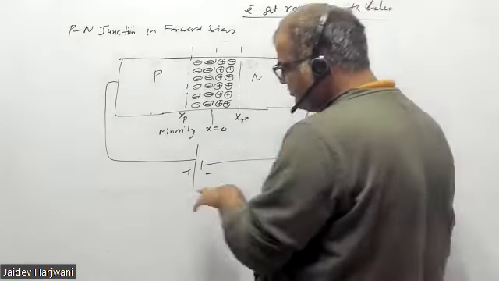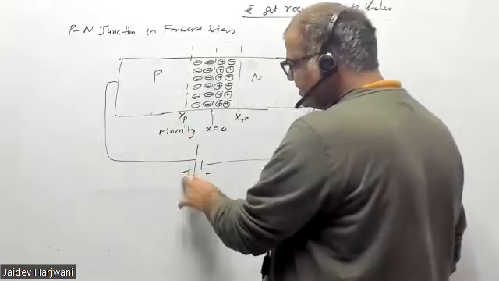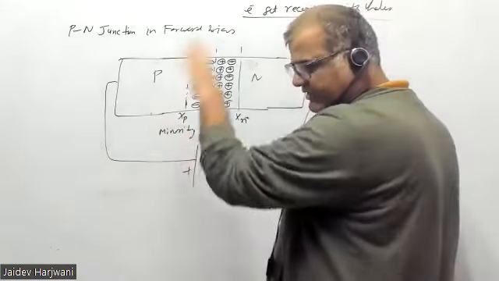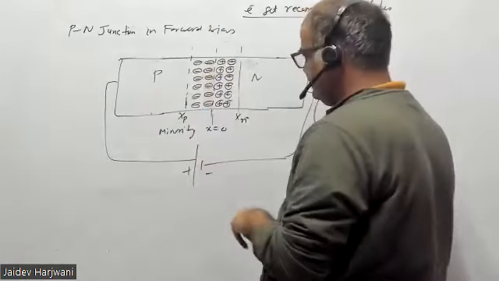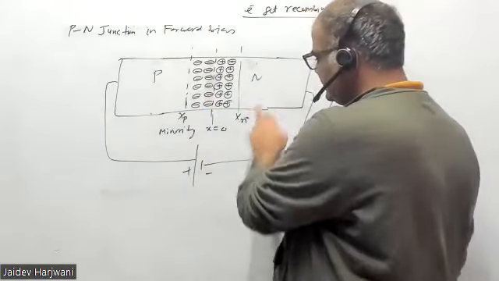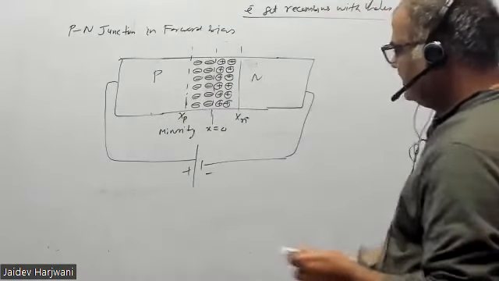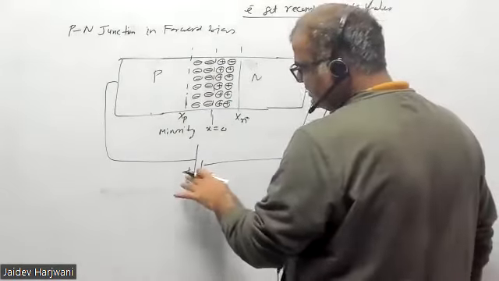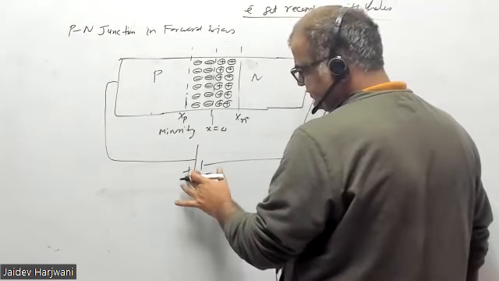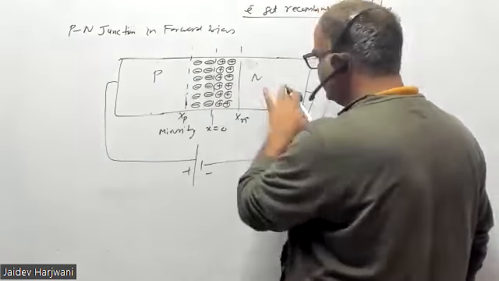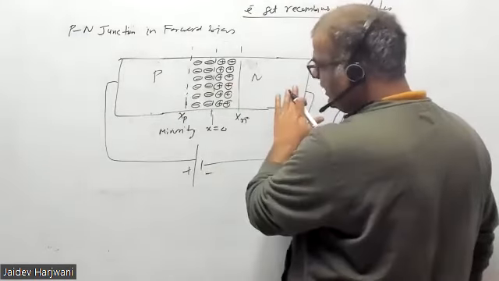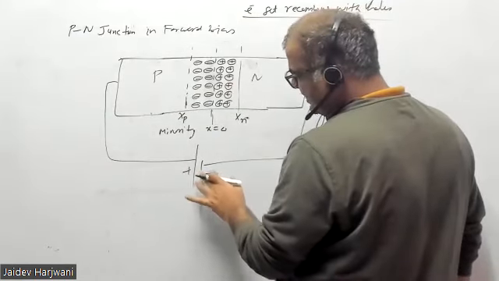Whenever P is connected to plus, the energy level of that side goes up, and the electron energy goes down. So if I'm applying plus here, this goes up, this goes down.